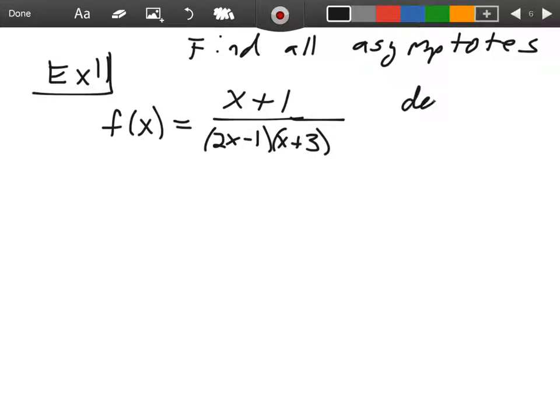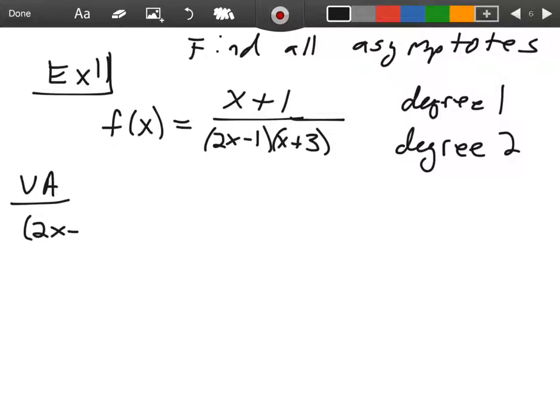First off, here we have degree 1, and this one, it's not in standard form, but if you multiply it all out, it's degree 2. So let's first find vertical asymptotes. We got the bottom part set equal to 0. It's already in factor form, so it's fairly easy to solve.